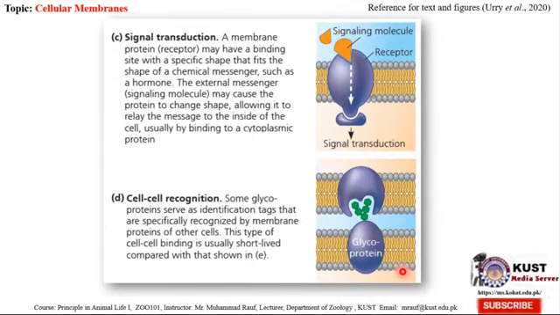Now another function of membrane proteins is signal transduction. There are some molecules which cannot pass through the membrane, which cannot pass through the proteins. For example, the protein hormones cannot invade the phospholipid bilayer.